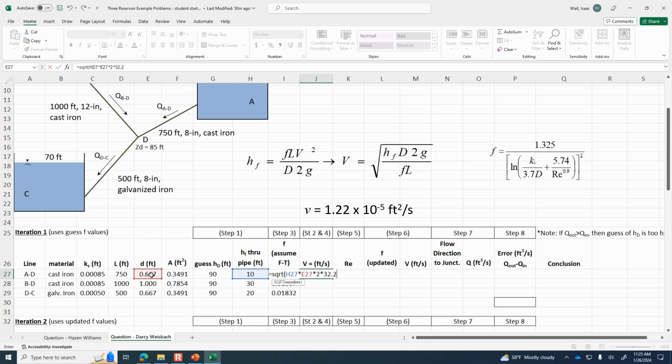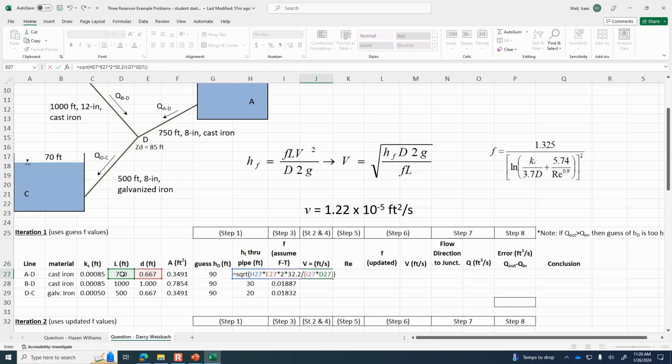Okay, and then we need to divide it by F. Now this equation is centered, so I can't click on cell I-27, but I can type it in. I-27 times the length. Okay, close the parentheses in the denominator, close parentheses for the end of the square root function.